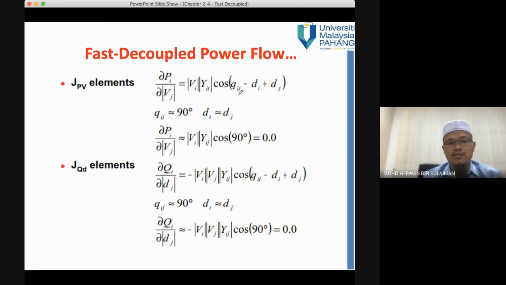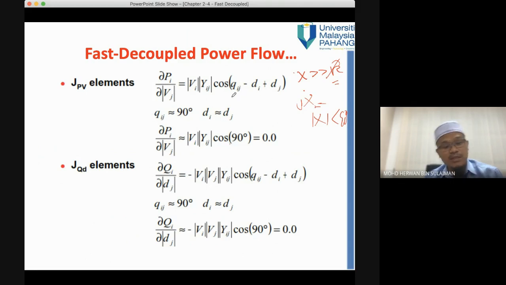And then since kita assume kita punya X much greater compared to R, so meaning that you biasanya assume R kosong. Bila you assume R kosong, you have jX kan. So jX, when you change to the magnitude, you akan dapat some value X angle 90 degrees. So when you do cos 90 degrees, supposed to be 0, right?